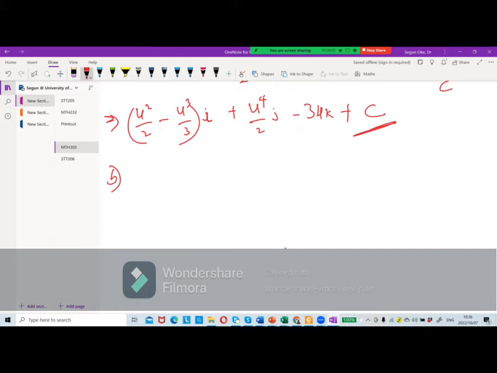From A, we use the same integral from 1 to 2 of r(u) du. Using our expression in A, just substitute it here. You don't need to go through it again.